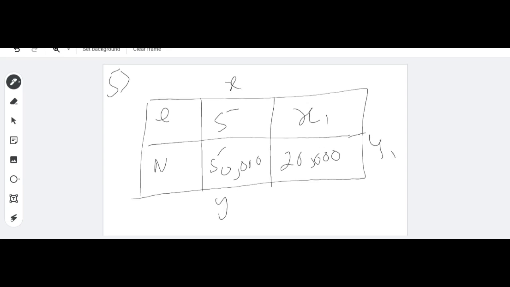Let's just do the formula. And the formula is, what will be the formula? x, y is equal to x1, y1. What is the value for x and y?